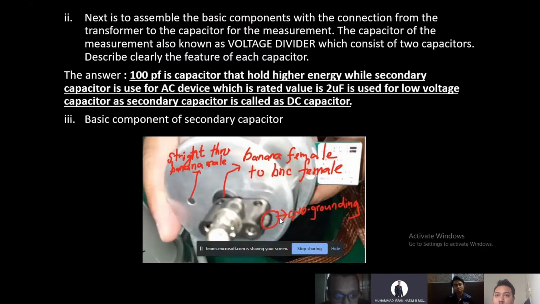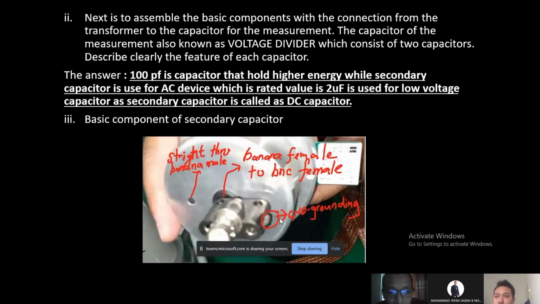So the answer is, the 100 pF is a capacitor that holds higher energy, while the secondary capacitor is used for the AC device, whose rated value is 2 microfarad, used as a low voltage capacitor; the secondary capacitor is called the DC capacitor.